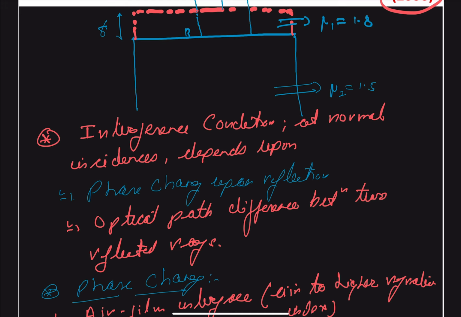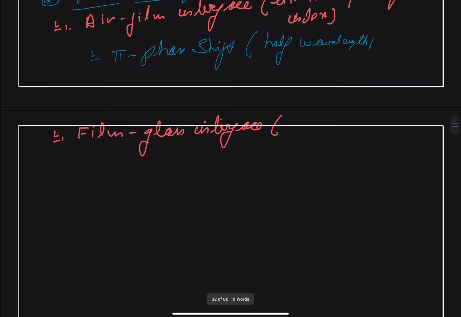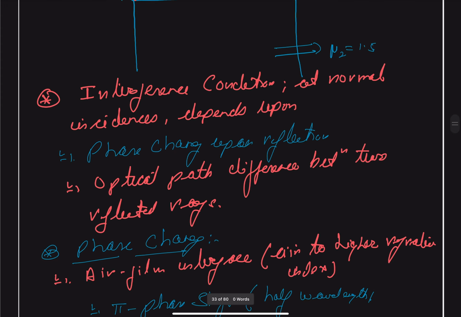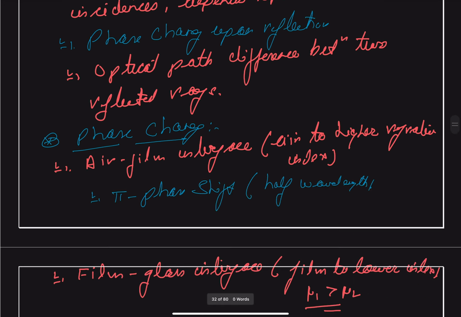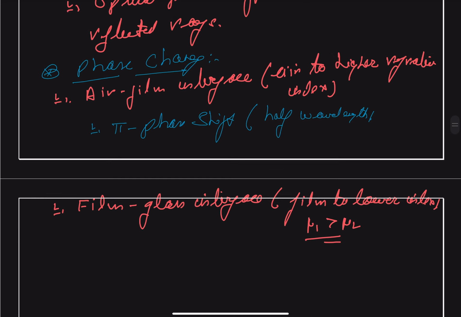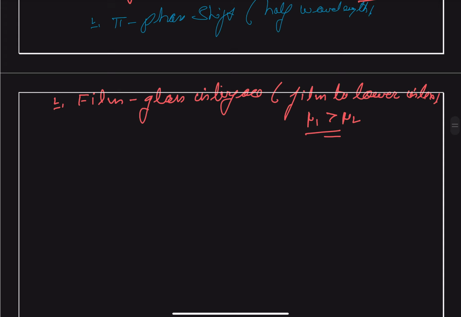So we can say from film to a lower index, because mu1 is greater than mu2, and we know that air is 1, so 1 is less than mu1.